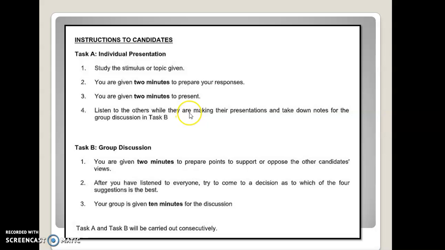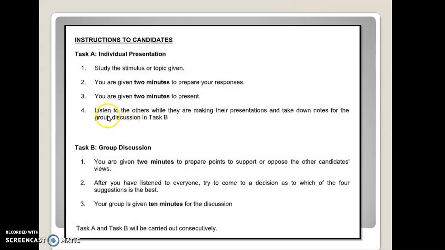Meaning to say that once you have received the question paper, you need to read, think about it, and prepare your responses. After 2 minutes, candidate A will start the individual presentation, and then student B, C, and lastly student D. You will take turns in task A.